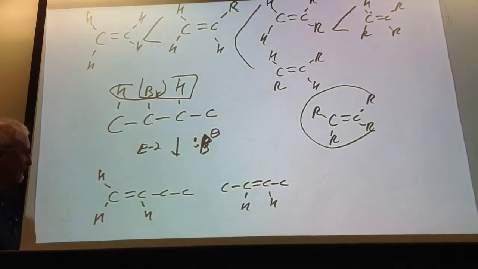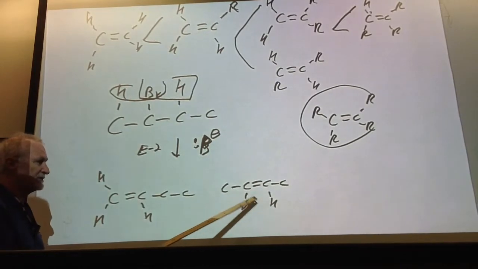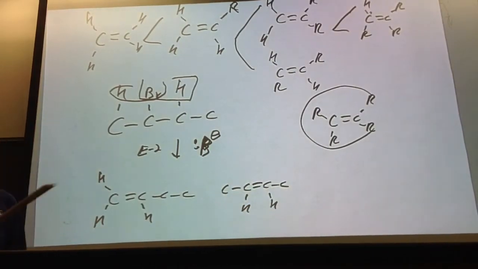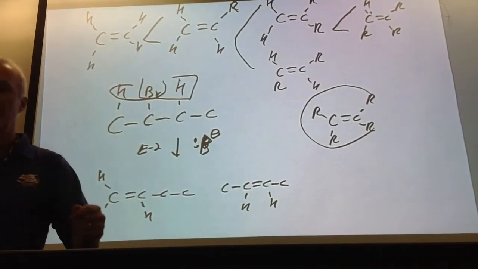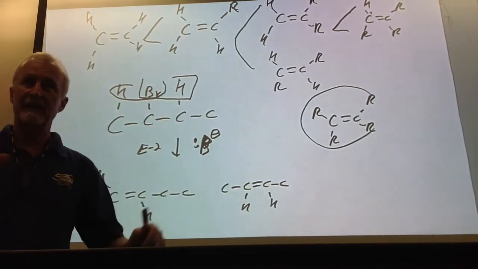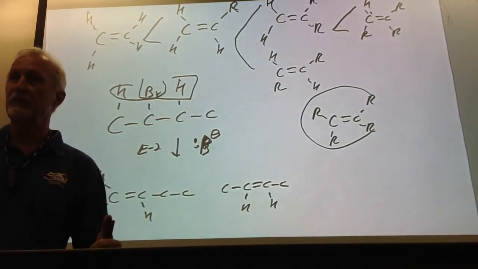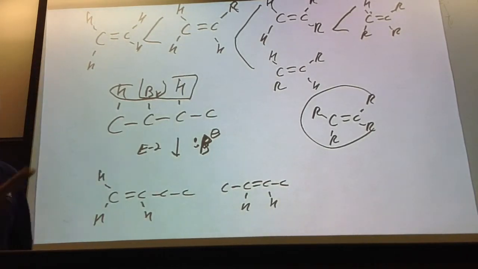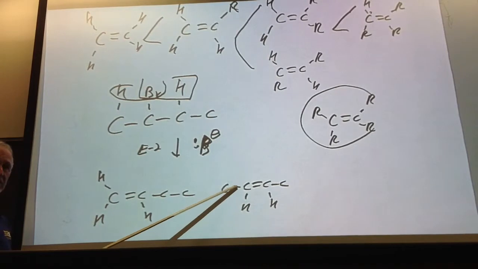So however you want to remember it, but these double bonded carbons have 1, 2, 3 hydrogens attached to it. These double bonded carbons only have 2 hydrogens. So this compound is more stable. You always tend to form a double bond in the interior, if you can, rather than the end. So if I ask you for the two products, and then I say which is the major product, and these are the 2 products you get, then tell me this is the major product.